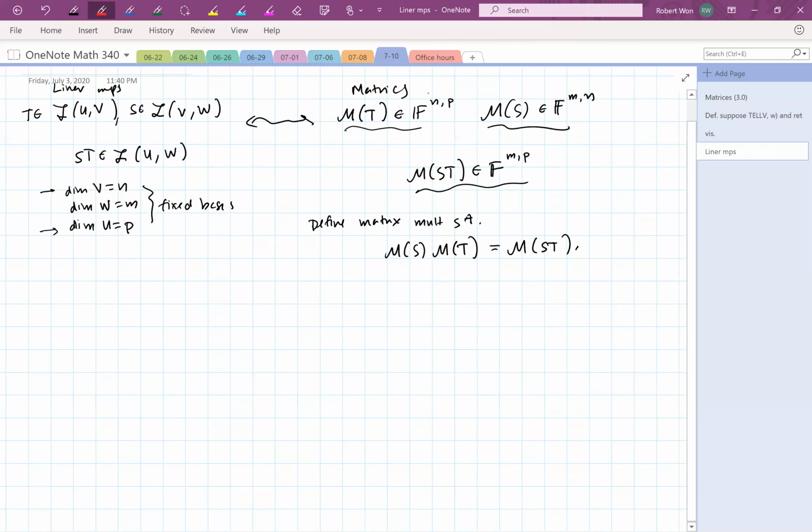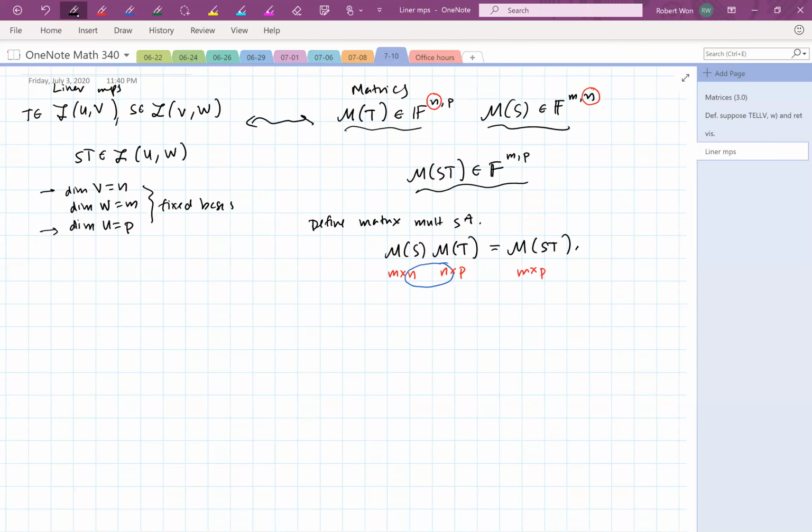This number needs to match this number because the domain of S needs to match the codomain of T. The way to remember this mnemonic is S is an m by n matrix, T is an n by p matrix. So these two numbers need to match, and the resulting matrix is an m by p matrix. So we're about to define a matrix multiplication on an m by n and an n by p matrix. We're going to rig the definition so that multiplying the two matrices is the same thing as composing the functions.